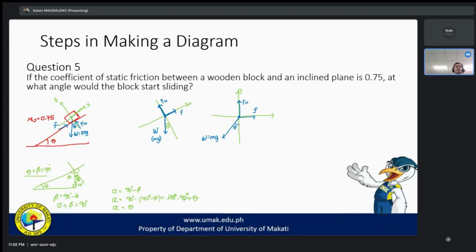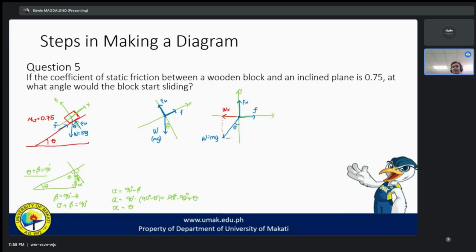So the last thing we do before we could solve this is to redraw or get the components of W. So this should be Wx, the component of weight along the x.